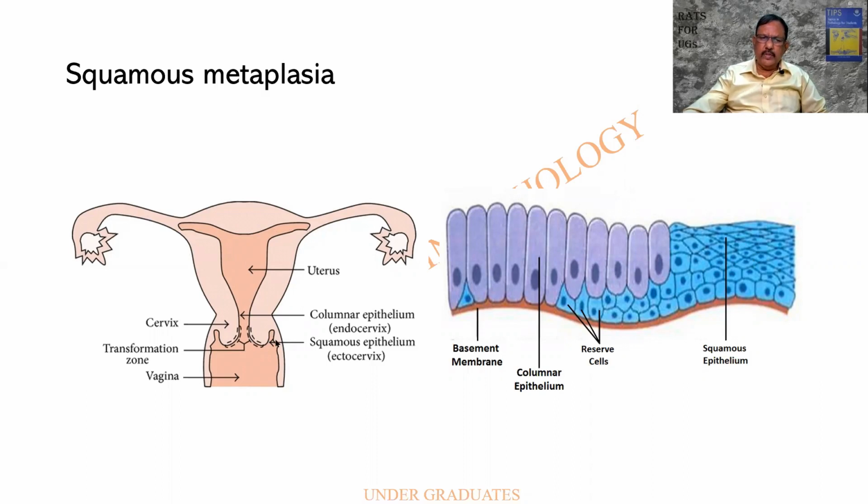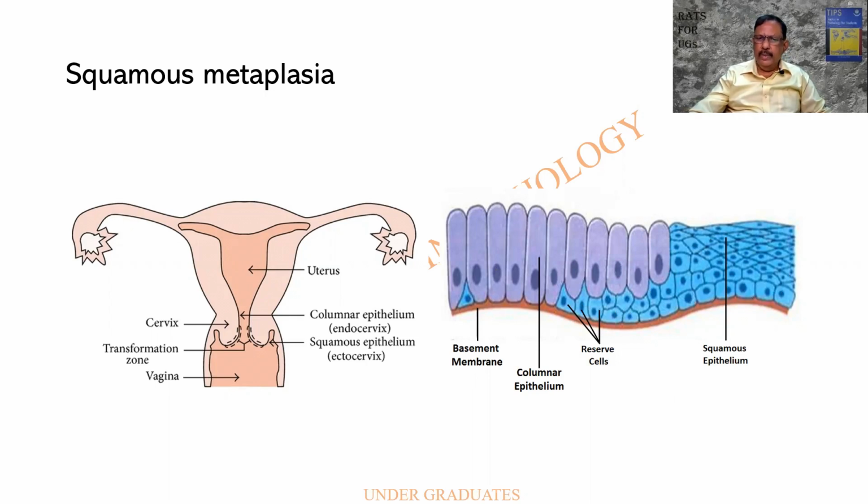The cervix has got what is called an ectocervix made up of squamous epithelium and an endocervix made up of columnar epithelium. But when there is a lot of infection, irritation, etc., the sensitive columnar epithelium is getting replaced by the squamous epithelium. This particular diagram you shall and will draw.